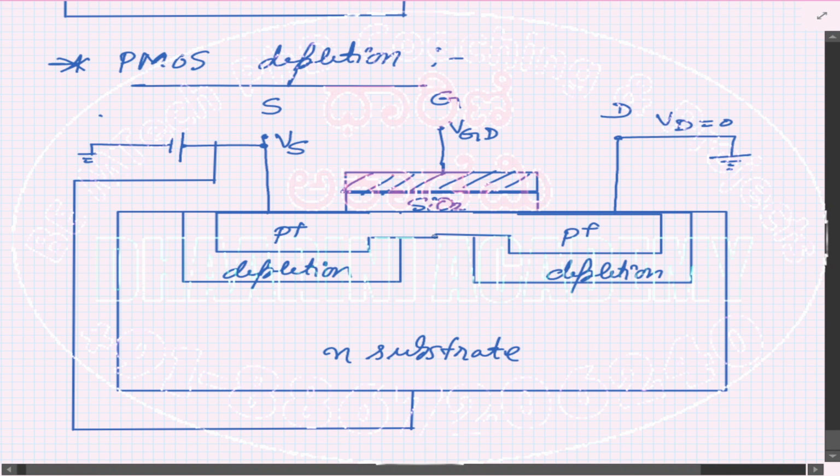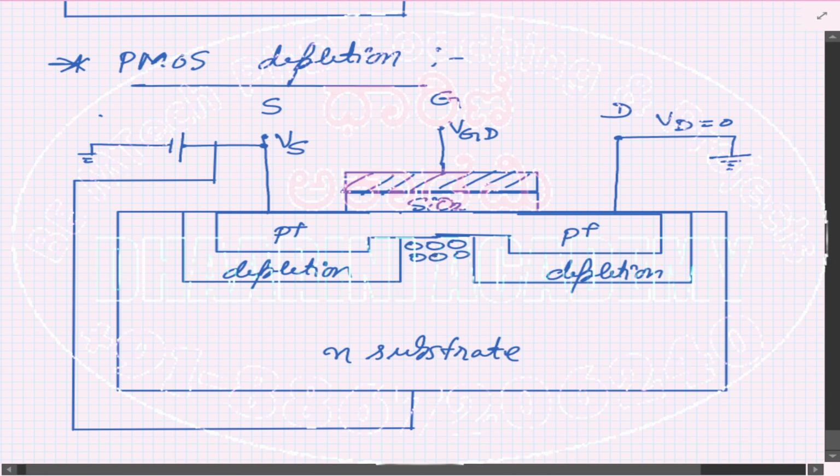Because of this, there is a pre-existing channel now. So I can see that there is a channel which exists between this, right? So since the channel exists, even when VGD is high, there is a pre-existing channel, so the conduction will not be stopped by making VGD high. But as the VGD reduces, there is more and more positive charge accumulation over here, right?